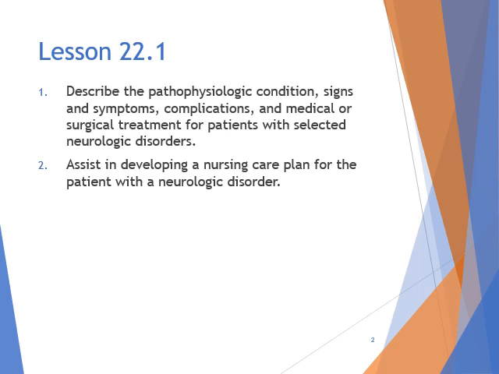The ones that I'm going to be talking about in this chapter are specific, and there'll be more to come in the next chapter because there's a lot of neurological disorders. So we're also going to talk about nursing care plans in neurology. That's really helpful for you in your clinical setting.